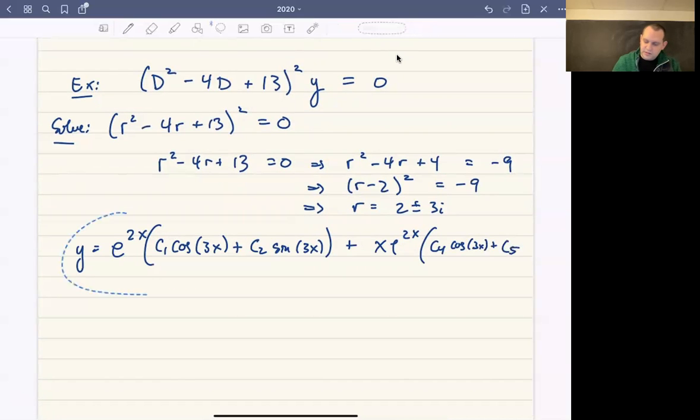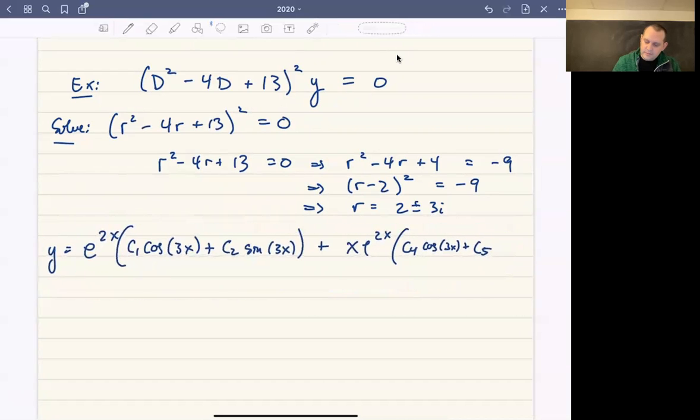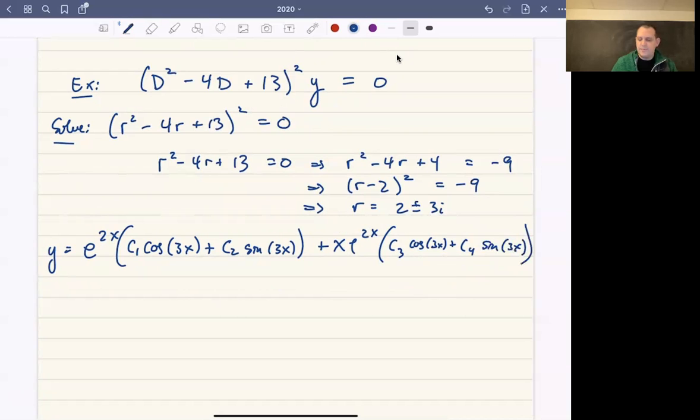Here I can squeeze this all into a line, so I will. Okay, c3 and c4. What am I talking about? Sine of 3x.